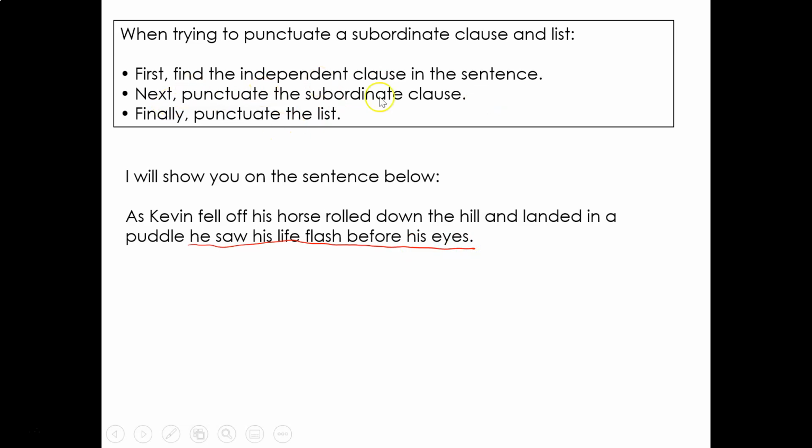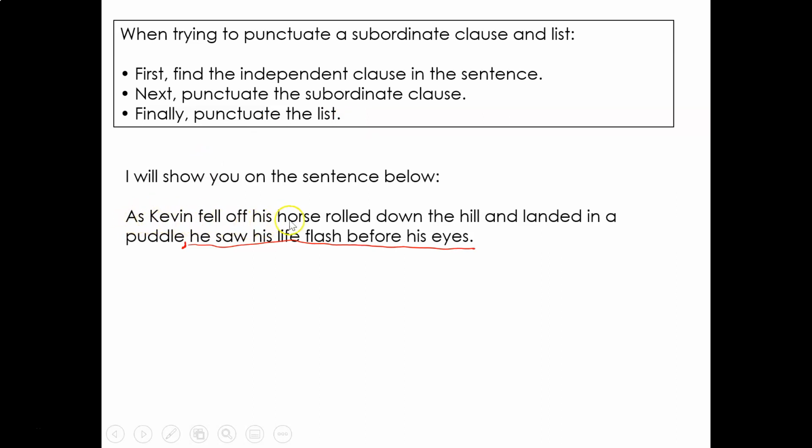Next, I'm going to punctuate the subordinate clause. In this sentence, the subordinate clause is at the start. It's been moved to the beginning of the sentence, so I must put a comma before the main clause, the independent clause. Now I can punctuate the list. The list comes here after Kevin has fallen off his horse.